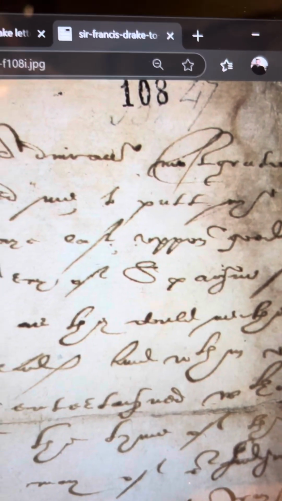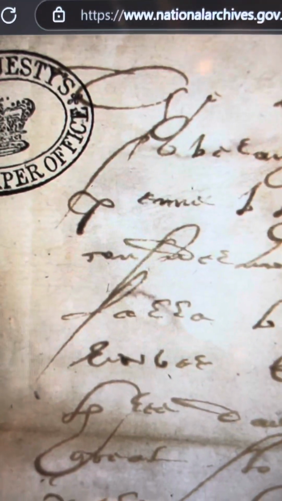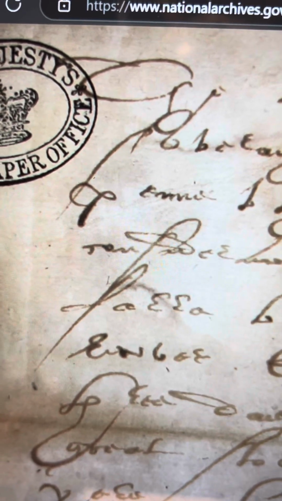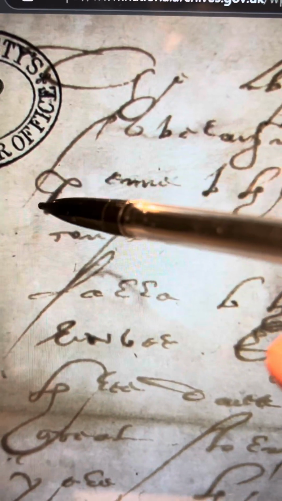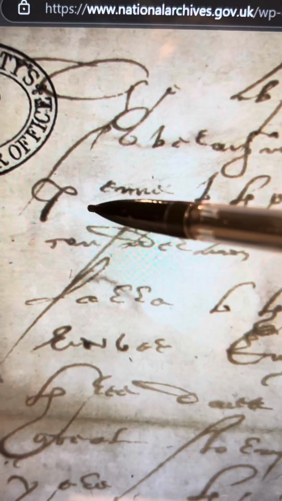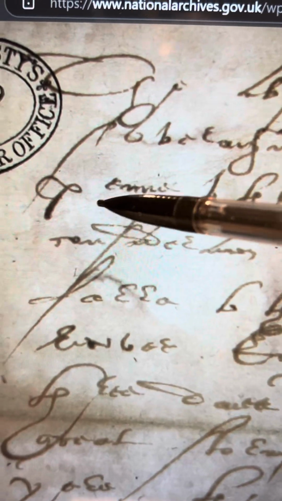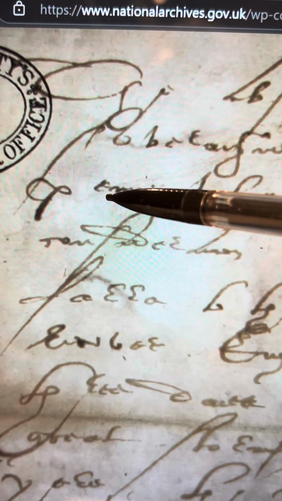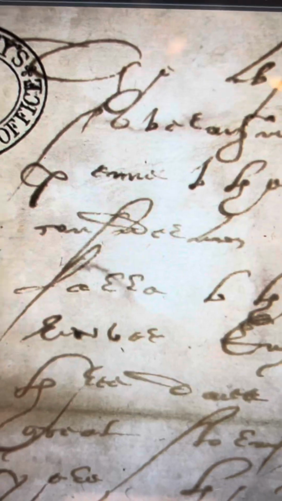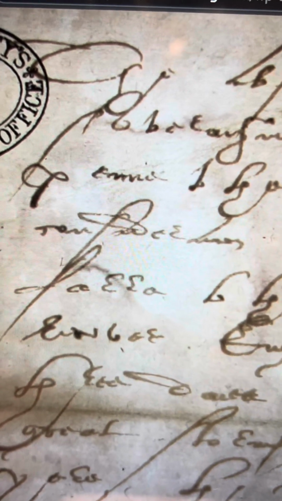So to put my, and then over here, it's pen. So he's putting pen to paper. So P, then a big gap here before he writes pen. Instead of P-E-N, he's written it P-E-N-N-E.